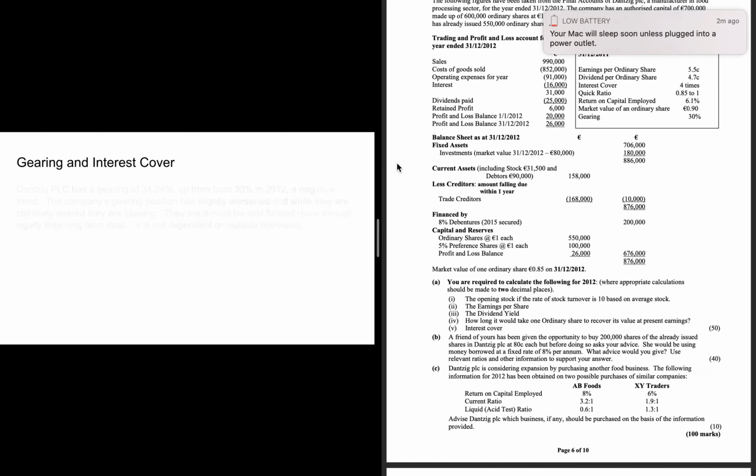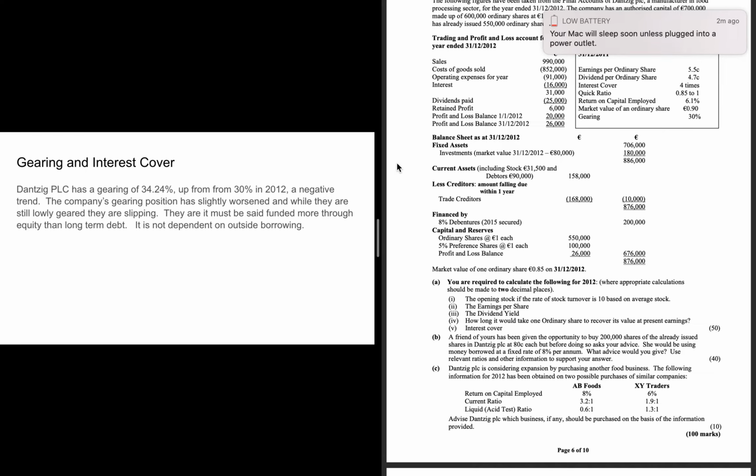Gearing and interest cover. Gearing is low, unless I made a mistake, but it's 34.24 and it was 30%, so that's a negative trend. It's still low gearing, and it's fine to say the gearing is good. So it's slightly worsened, they're still lowly geared, and I just wanted to put in something negative so that they're slipping.